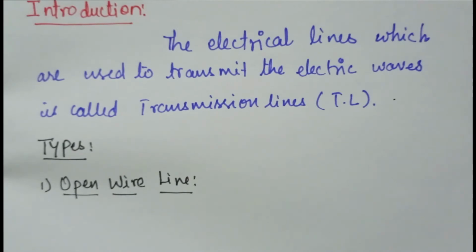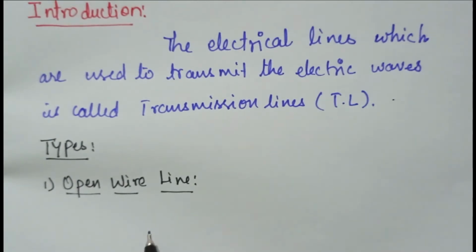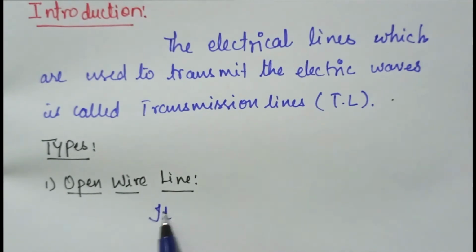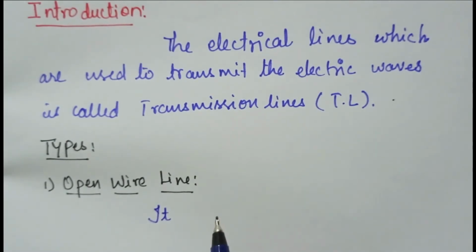It is parallel conductors which are open to air. The two cable wires are separated by air, which is called the dielectric here, and these cables are mounted on towers or posts. In day-to-day life we observe this: our electricity cable transmission lines which come to our home, we get the electricity.